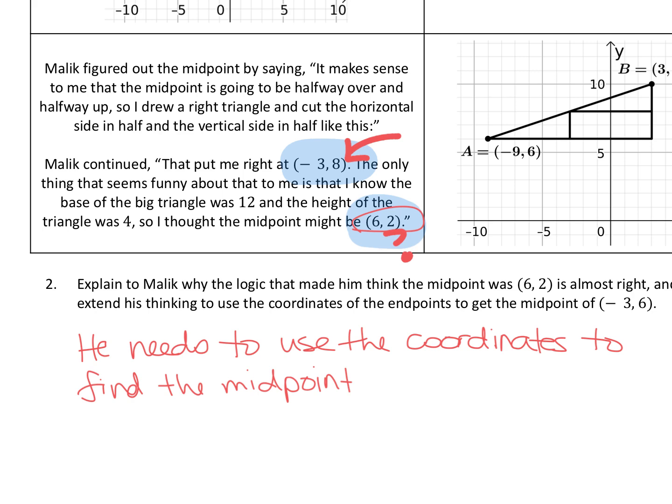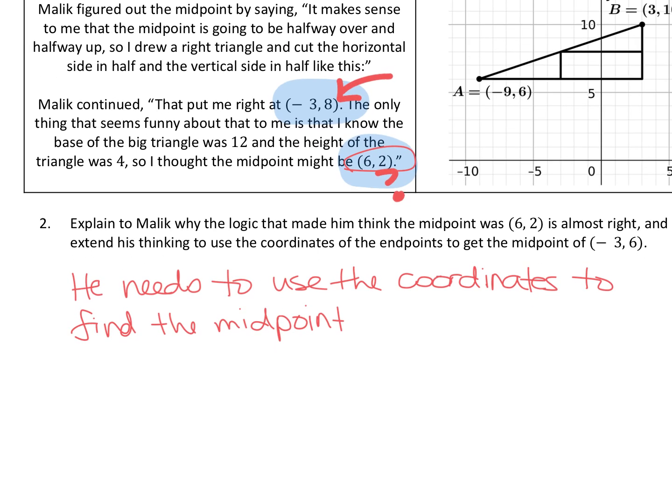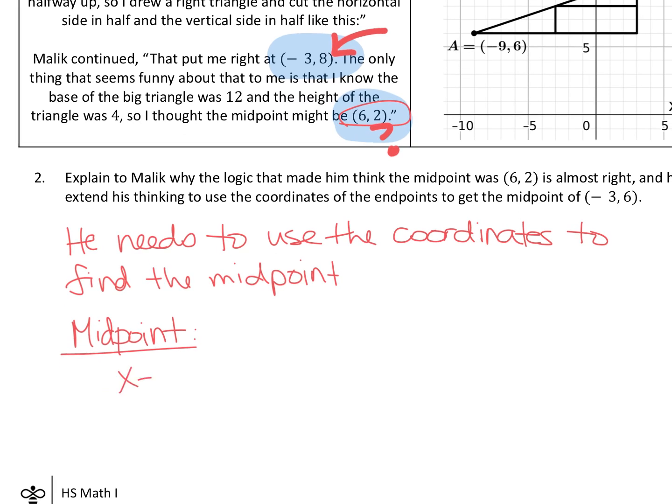So this is how I think we can calculate our midpoint x coordinate. So let's show the calculations. So midpoint, we're going to do our x coordinate. And I think what we need to do is take our two x values.